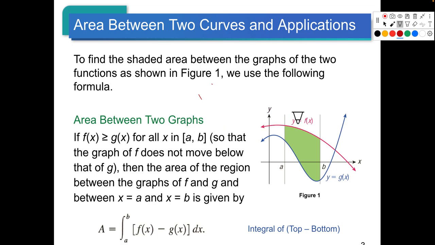F of x would be everything down to the x-axis. So it would be this stuff here, right? It wouldn't be this stuff down here. G of x, if we were to get its area, it would be the area below the curve. So it would be this part here.